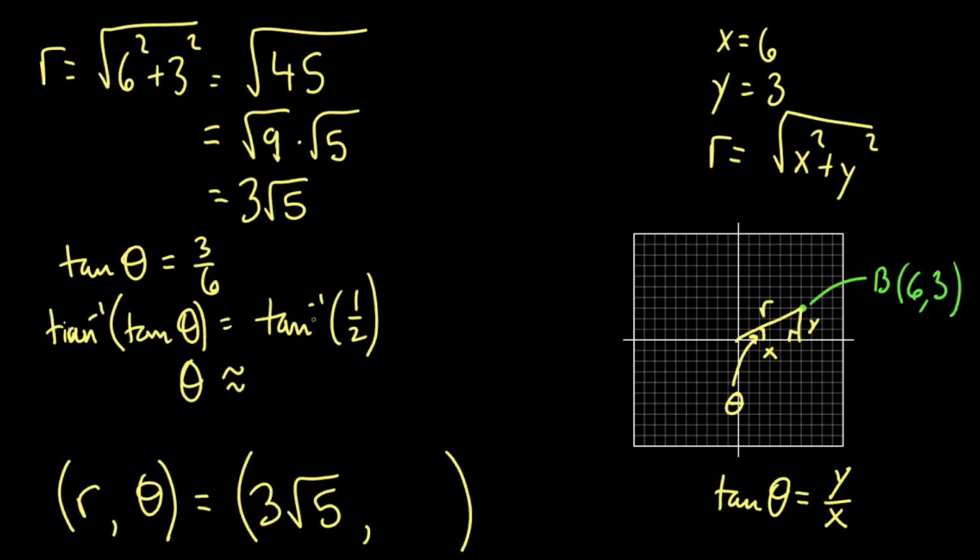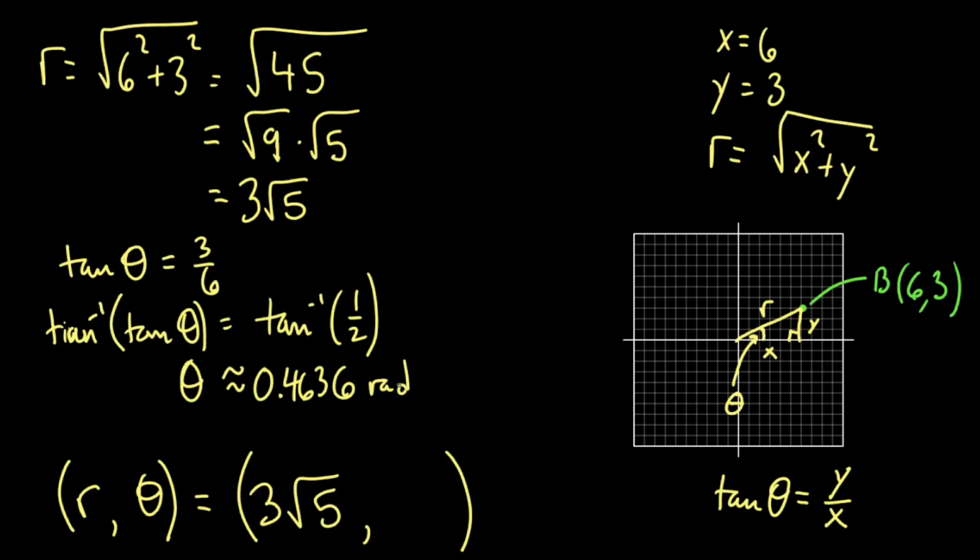And if I do that, go to my handy dandy calculator, I can either do it in degrees or radians. I just need to make sure that if they asked for a specific system, I'm giving them the units that they wanted. So I'll put my calculator in radian mode then, and I get 0.4636476 blah blah blah. So it's about 0.4636, and that would be in radians.